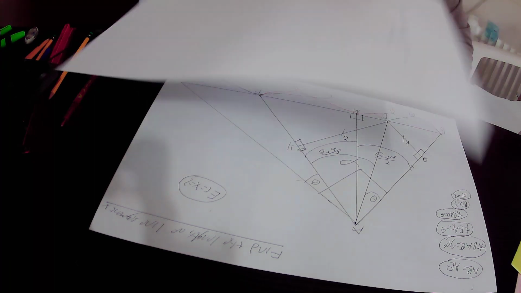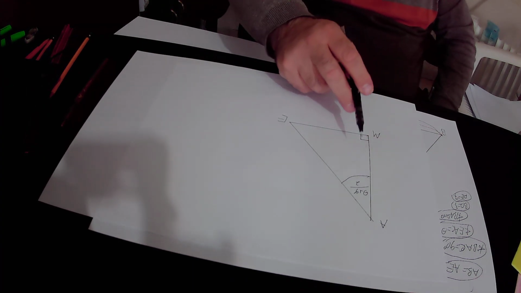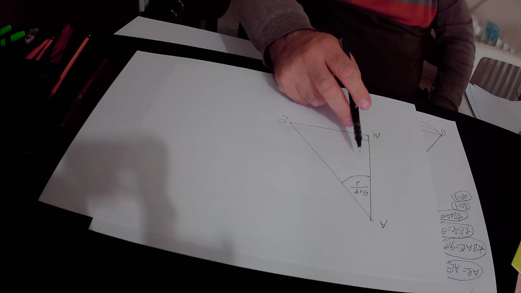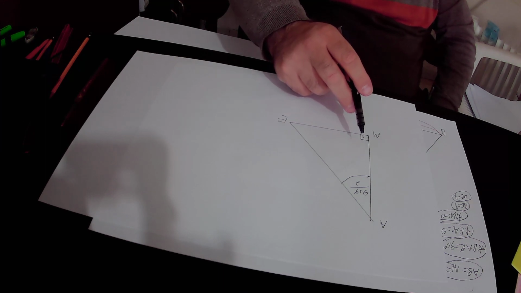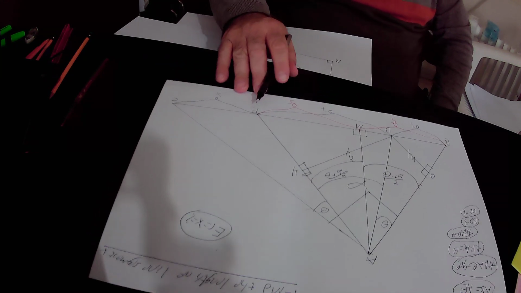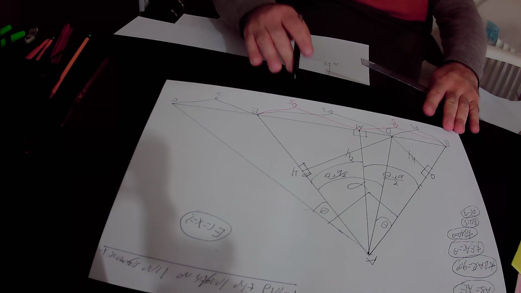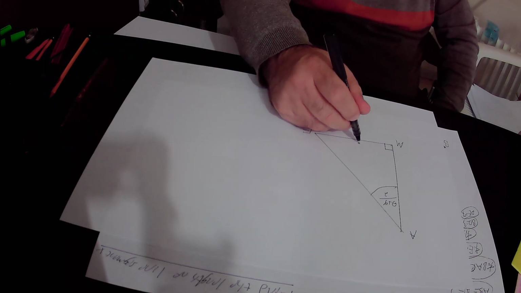I repeat again, this angle MAE equals (theta plus alpha) over 2 according to what we just found out. What is the value of ME? ME is equal to 5 units according to what we have already found out. ME equals 5 units.